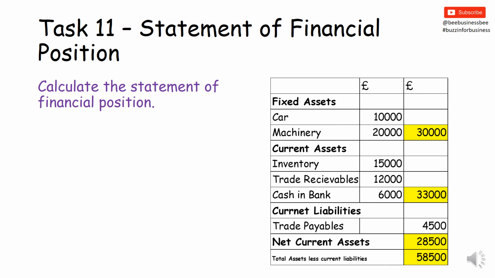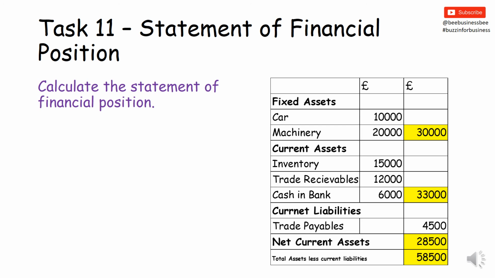So here you can see the answer you should have got. The car and the machinery come together to give you £30,000. You add your inventory, your trade receivables and your cash in the bank and you get £33,000. You've got your trade payables, which is a liability at £4,500. Remember, your net current assets is your current assets minus your current liabilities, which leaves you with £28,500.